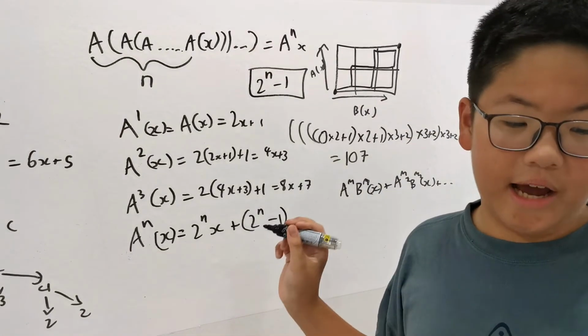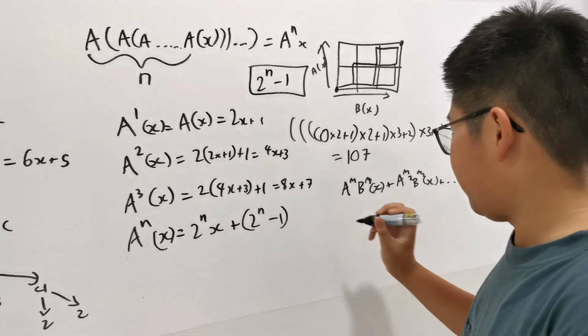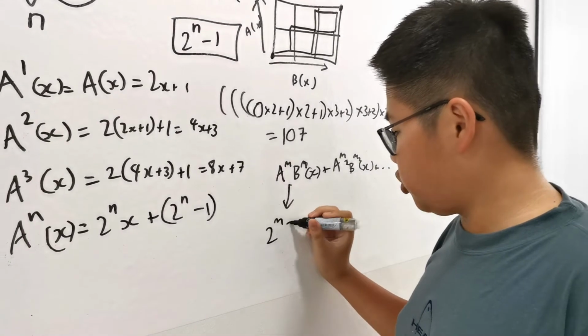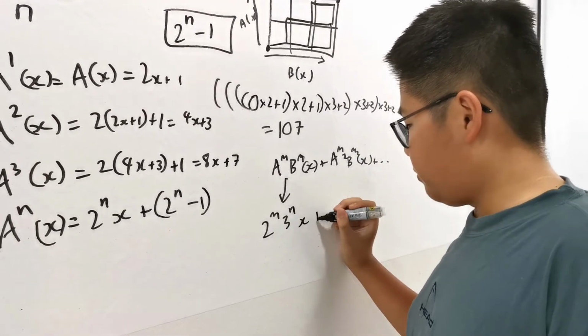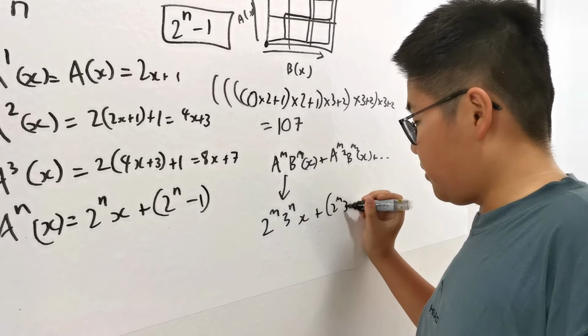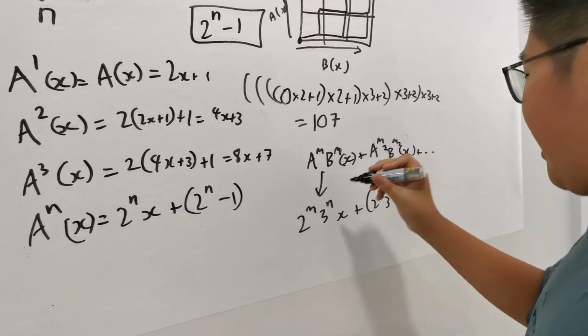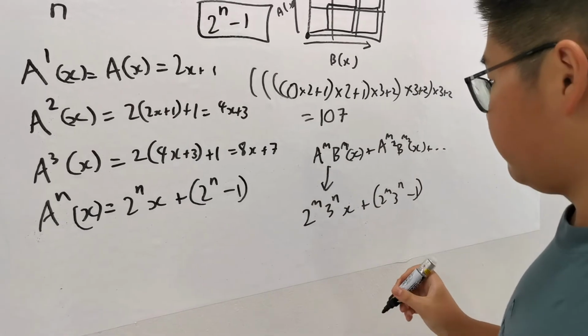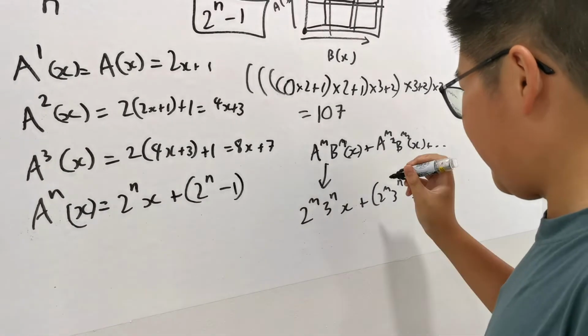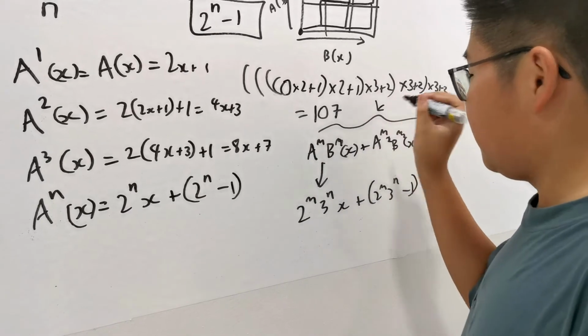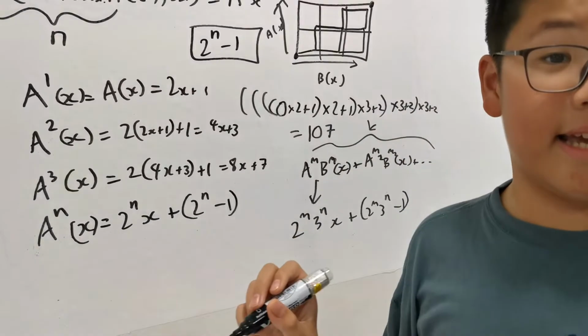So we have found out that a^m b^n(x) has 2^m 3^n x plus 2^m 3^n minus 1. We have seen that. Now we're going to add all the functions together, which will make k of these. Suppose that there are k functions in a line. Is that right? Yes, there is.